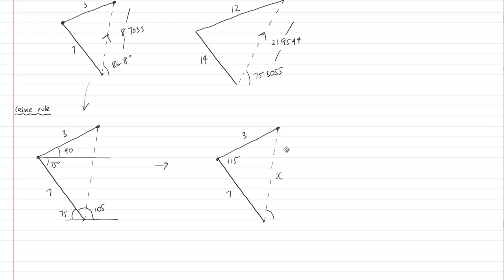Now the cosine rule says that x squared is equal to 3 squared plus 7 squared minus 2 times 3 times 7 times cos 115. Technically you'll learn this in Math Methods Year 12, Unit 4, but of course you've seen it in Year 10, so hopefully you recall the cosine rule.